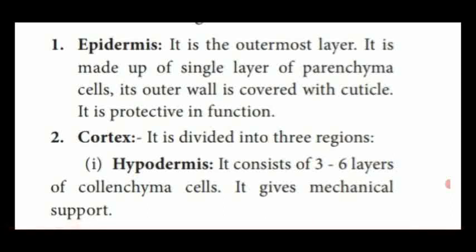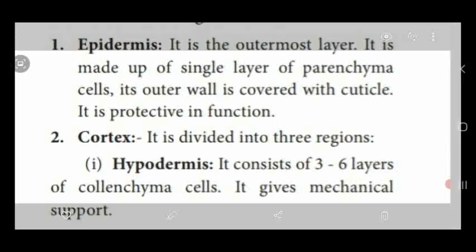So this hypodermis consists of 3 to 6 layers of collenchyma cells. So collenchyma cell is a simple tissue. This collenchyma has thickenings at the corners. That means the cells are arranged with a lot of intercellular spaces.